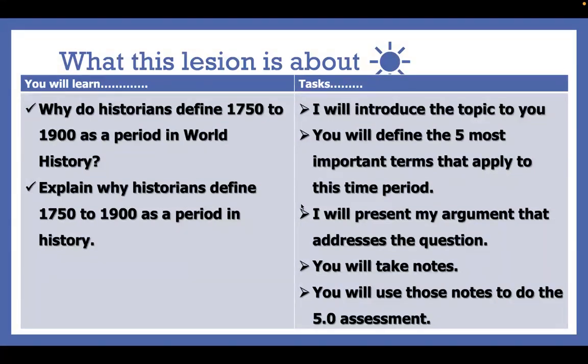Now, after we do this, I'm going to present my argument that is going to address the questions. As you do that, you're going to take notes. And then at the end of this, you will be able to use those notes on the 5.0 assessment. This assessment will be writing, and it will count as a formative grade.